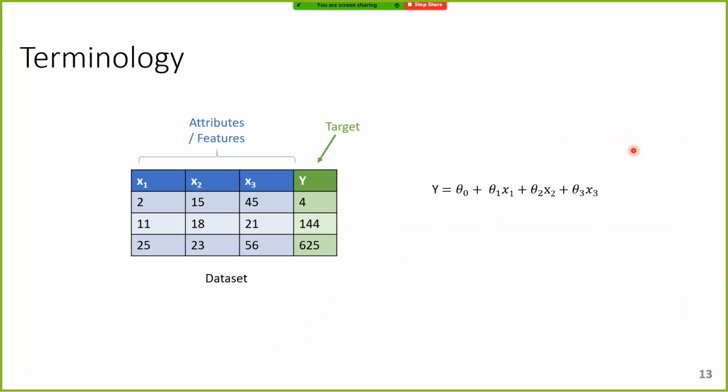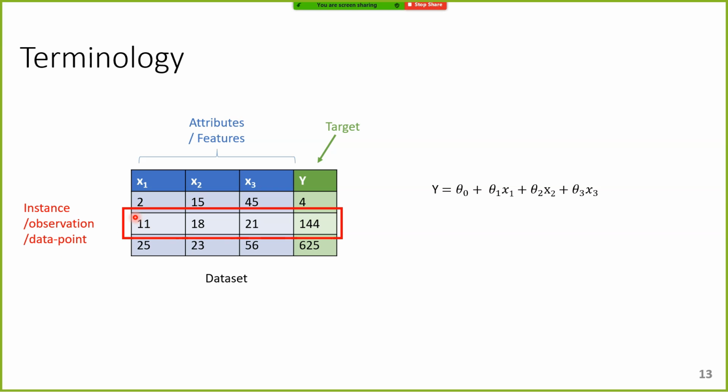Before we move further, I'll introduce you to some terminology. Typically we have some data with columns like this, and we call these columns attributes or features. In supervised learning, we try to express the target attribute or target variable in terms of a linear or non-linear combination of these features.